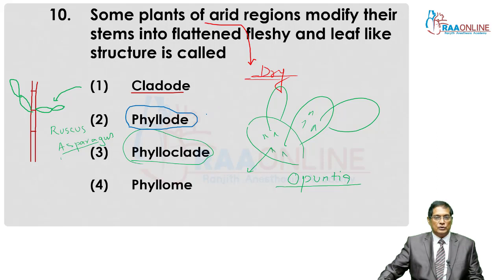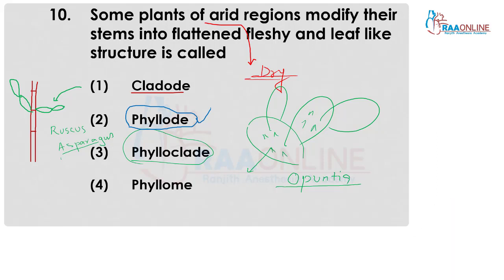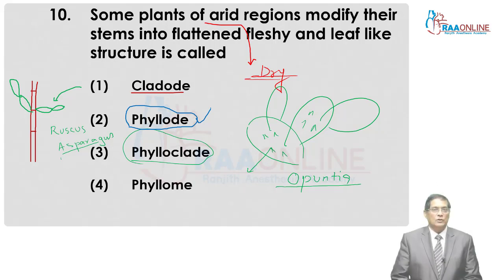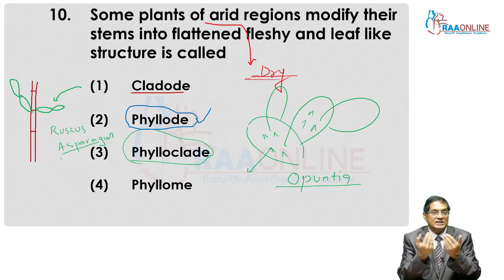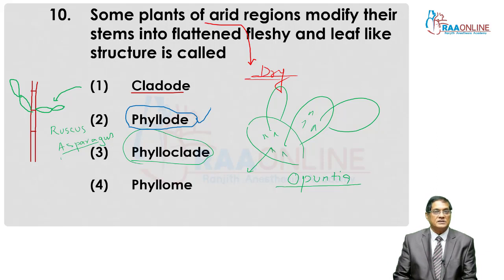Whereas in phylloclade, the entire stem gets modified into a leaf-like structure. In case of cladode, the branches of a stem become leaf-like green. Phyllodes is seen in Australian acacia.